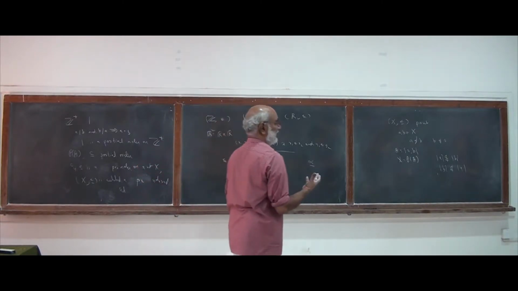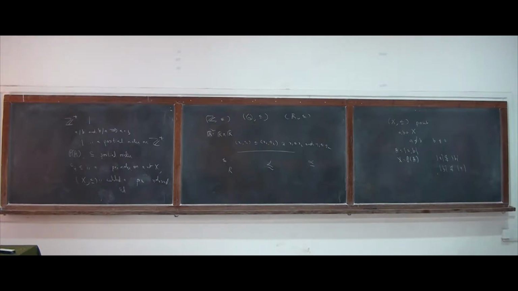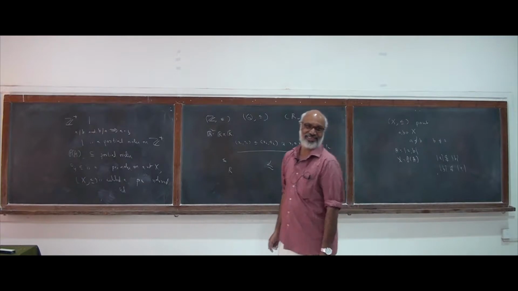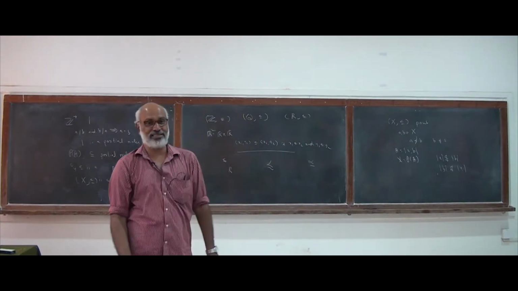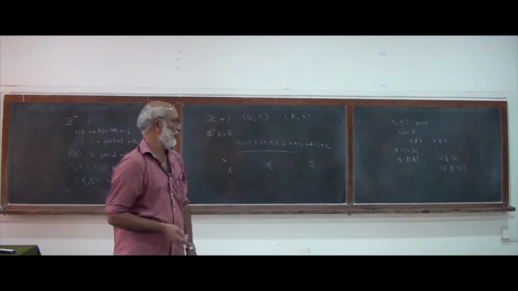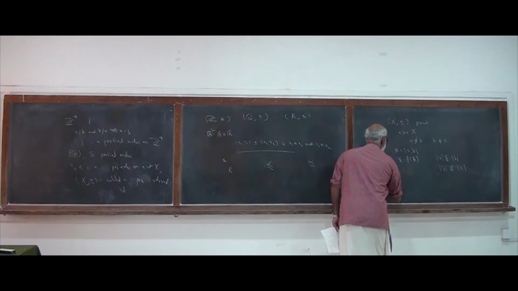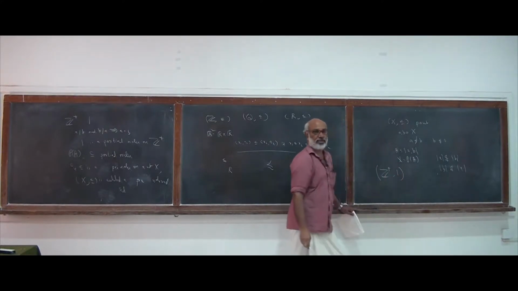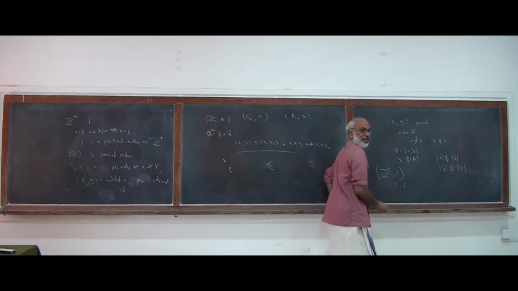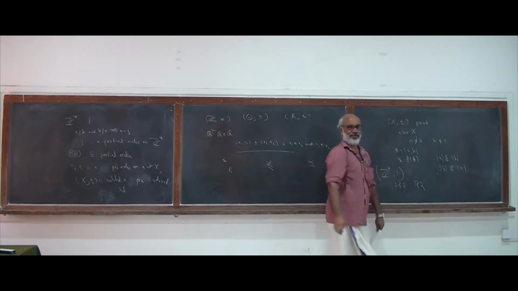That is, in a partially ordered set, if you take two elements, these two elements may not be comparable. It can happen that A is not less than or equal to B and B is not less than or equal to A. Such things can happen. And actually, I gave another example: the set of all positive integers with the partial order divides. You take two integers, say 2 and 3. 2 does not divide 3 and 3 does not divide 2.